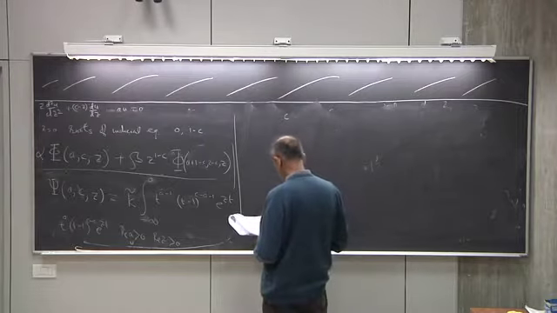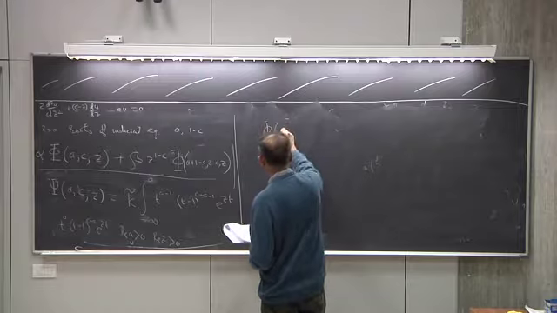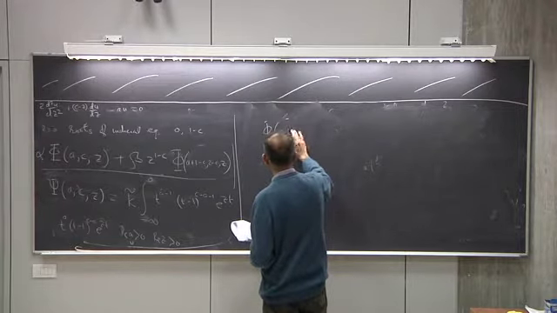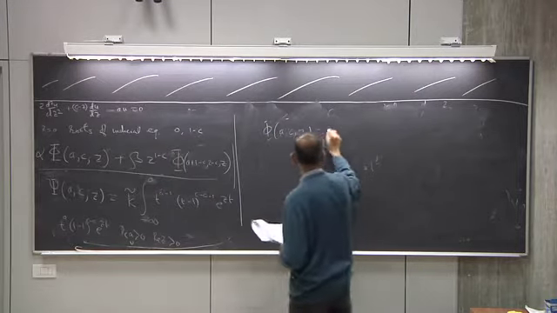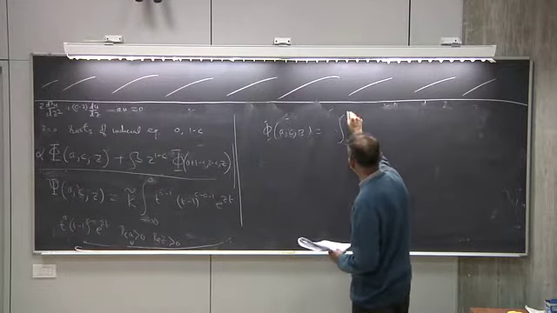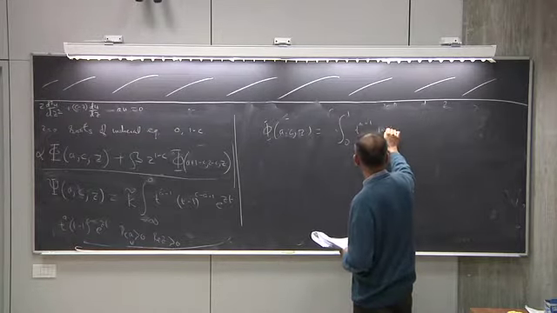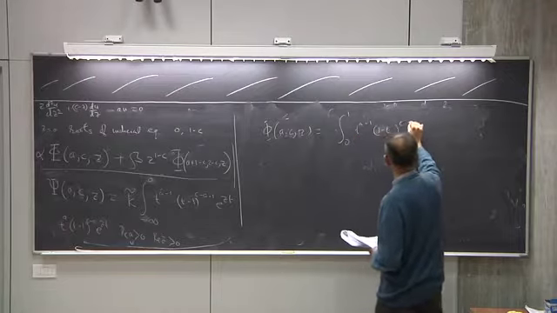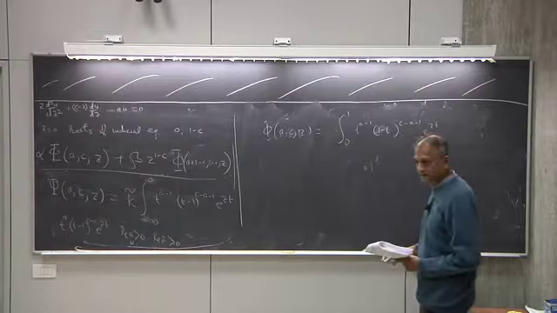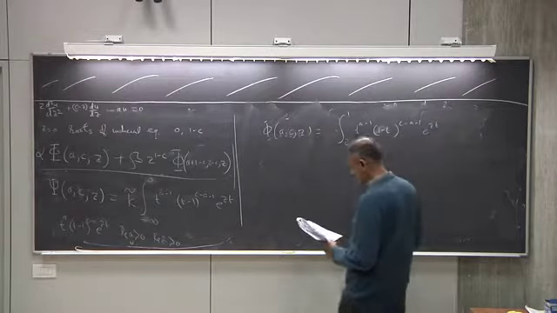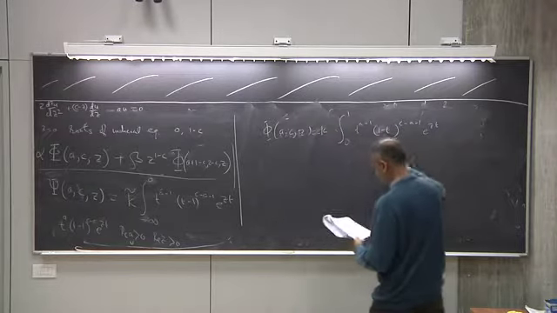So how do you do this? Let me first write down phi AC z, the original phi AC z, which was, remember, the same integral from 0 to 1 of t to the a minus 1, 1 minus t to the c minus a minus 1, e to the zt, times some constant k, which we already knew.